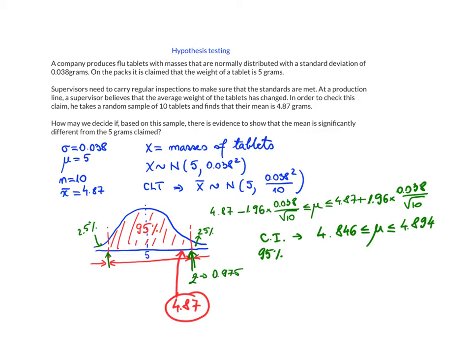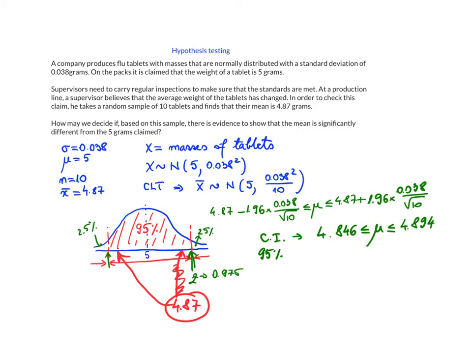This means that the sample is not an odd sample. It's a normal sample. It's within the 95% confidence interval. So I will decide that actually the supervisor is not right and the company still produces the 5 grams tablets. If my sample mean would have been here or here outside, or actually, 4.87 cannot be here, it needs to be on the other side because it's smaller than the mean. So it's somewhere here. It's still within the 95% confidence interval.